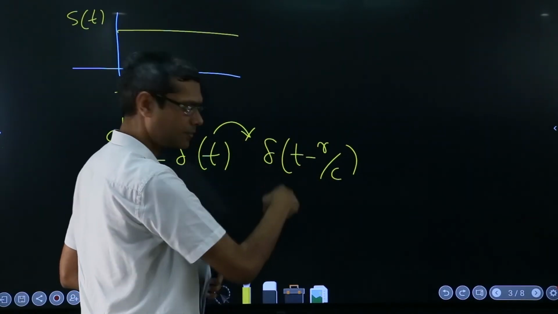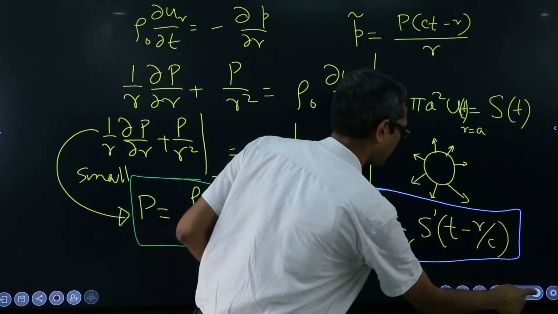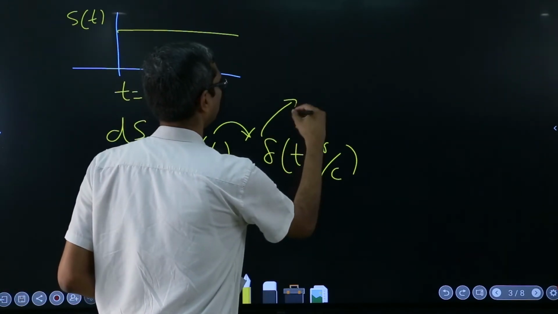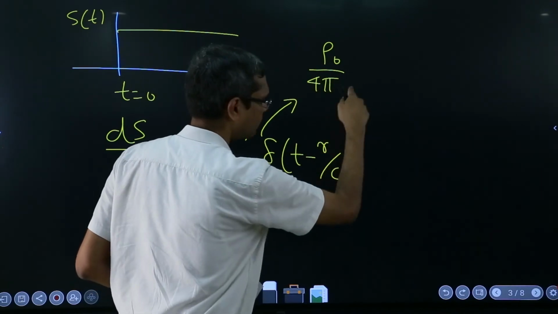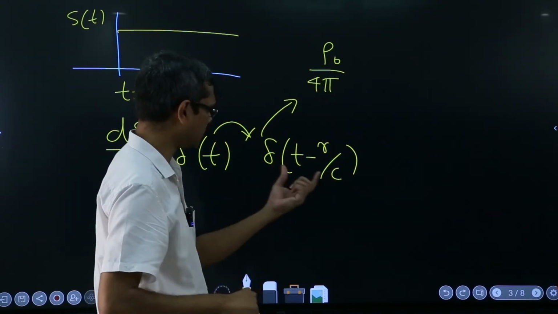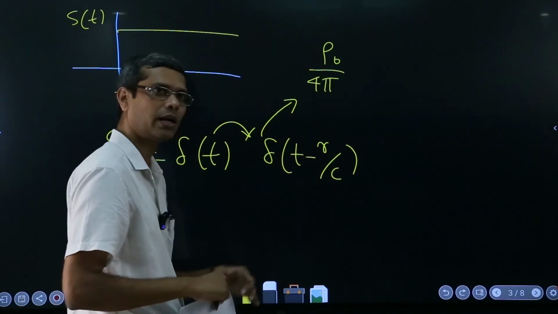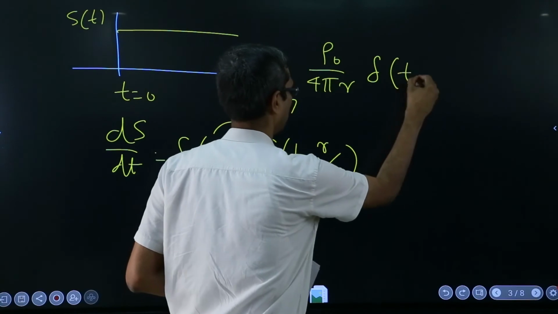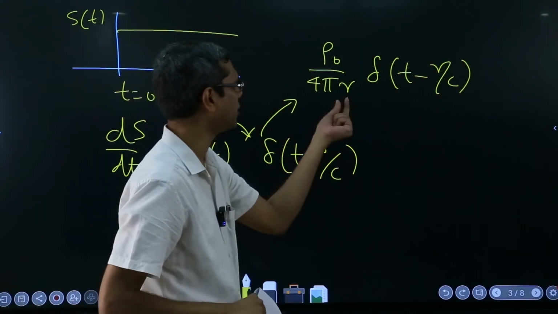I am not writing it, okay, I'll write even this: this was rho naught over 4 pi. Again, this is the delayed version of the wave, and the diminished version of the wave will be like this, delayed and diminished.